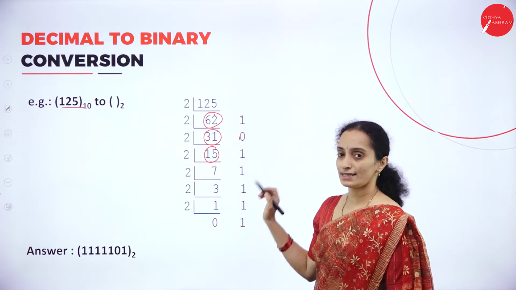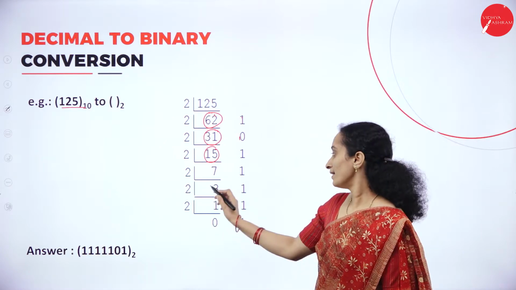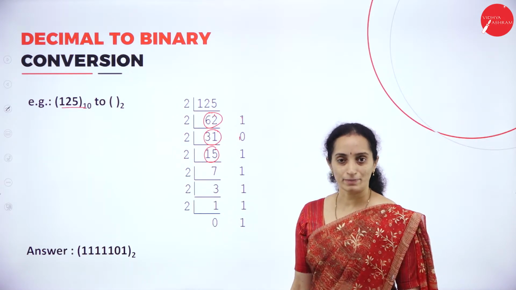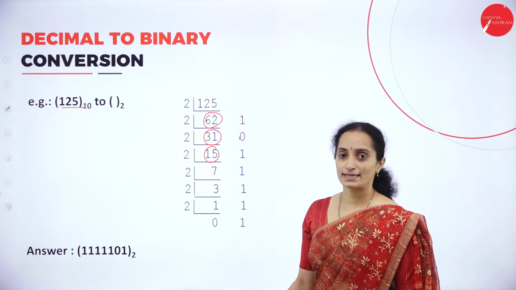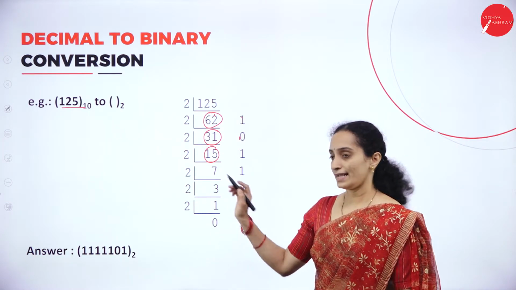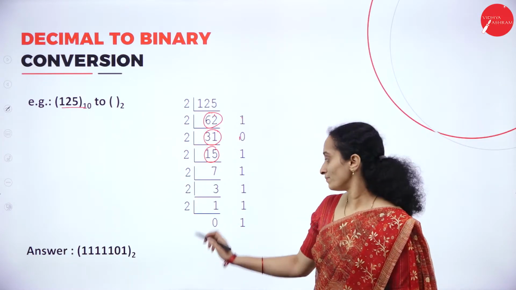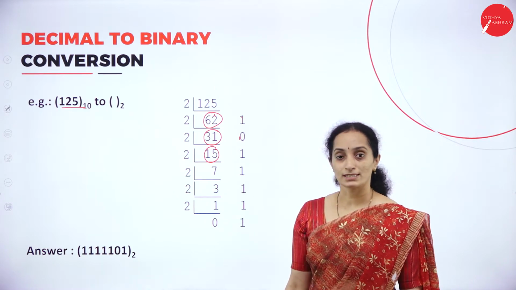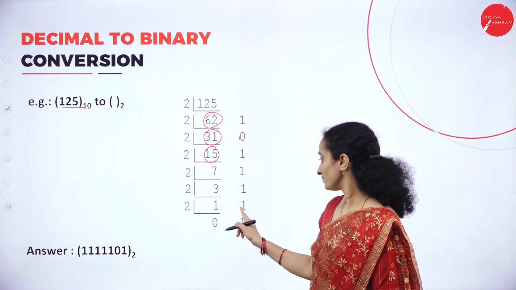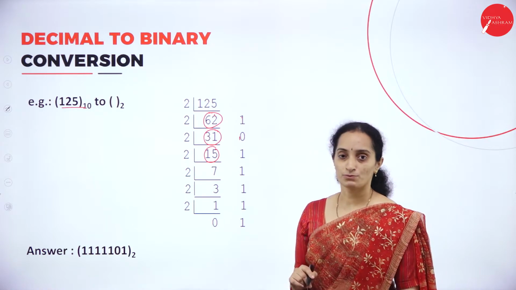15 divided by 2 gives quotient 7, remainder 1. Again, 7 divided by 2, remainder is 1, quotient is 3. Again, divide it by 2. Quotient is 1. Remainder is 1.